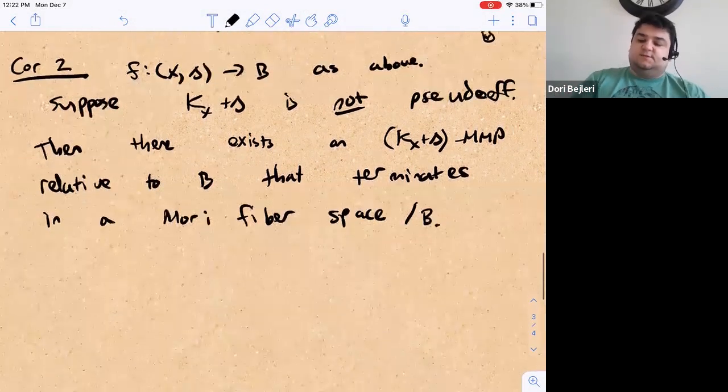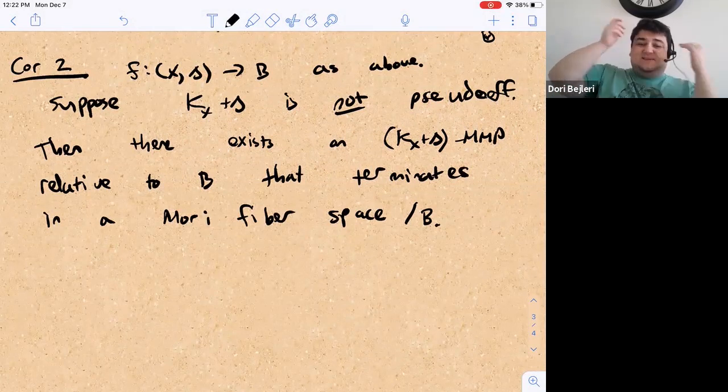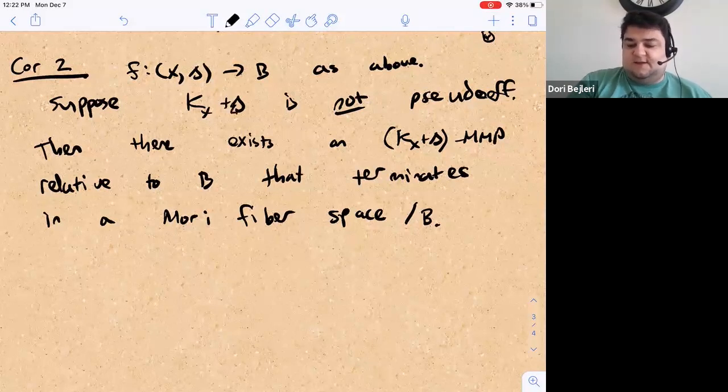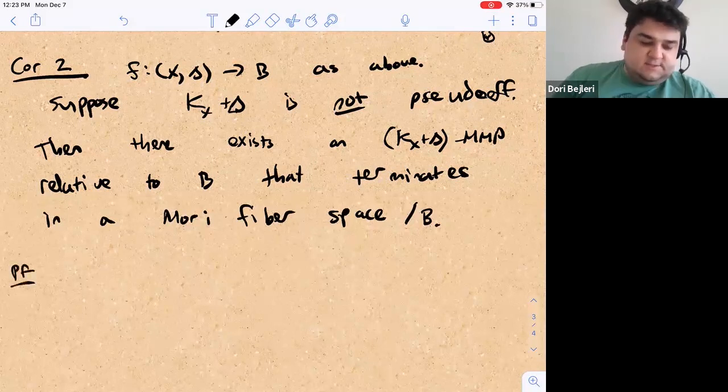And this is interesting because you might think that if their main theorem is about the case where you have some bigness lying around, then this case where kx plus delta is not even pseudo-effective might be difficult, but somehow it's easier than the intermediate case where kx plus delta is pseudo-effective, but nothing is big. And we'll see why in the sketch.